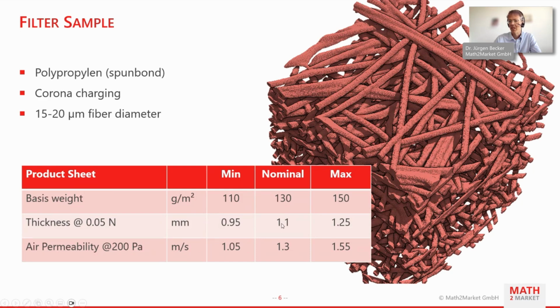We have a thickness of a little bit more than 1 millimeter and an air permeability of 1.3 meters per second measured at 200 pascals. We have made microCT images of the material sample, and we will use one of these images in today's web seminar.